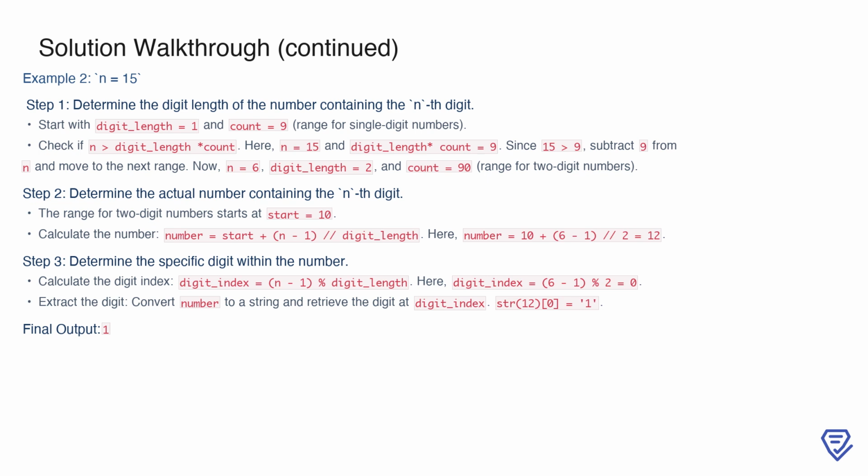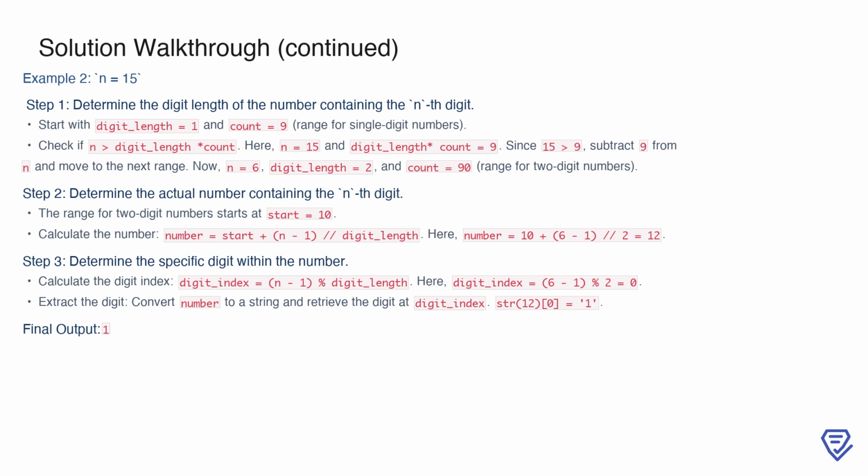We then move to the next range with a digit length of 2 and a count of 90, representing 2-digit numbers. Now that we know the digit length, we find the actual number that contains the 6th digit in this range. The range for 2-digit numbers begins at 10. Using the formula for the number, we calculate 10 plus (6 - 1) divided by 2, which equals 12.